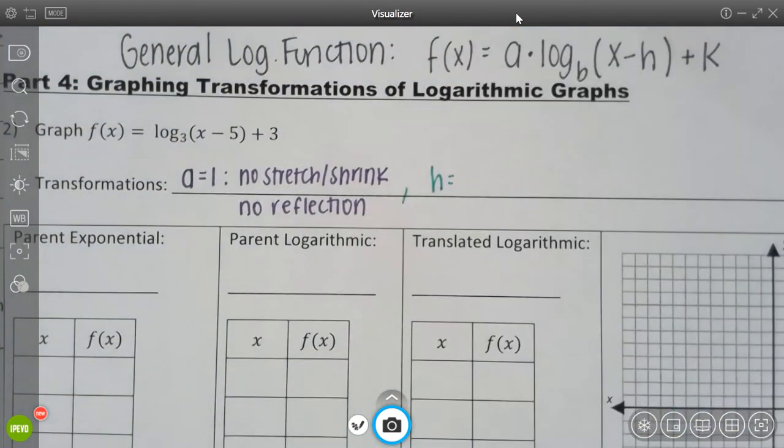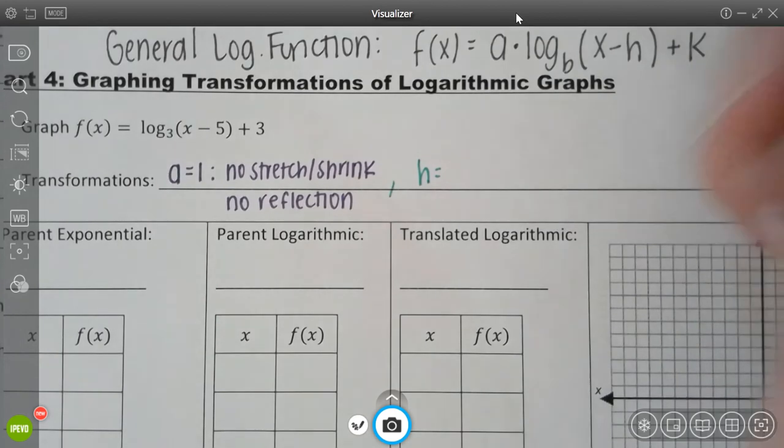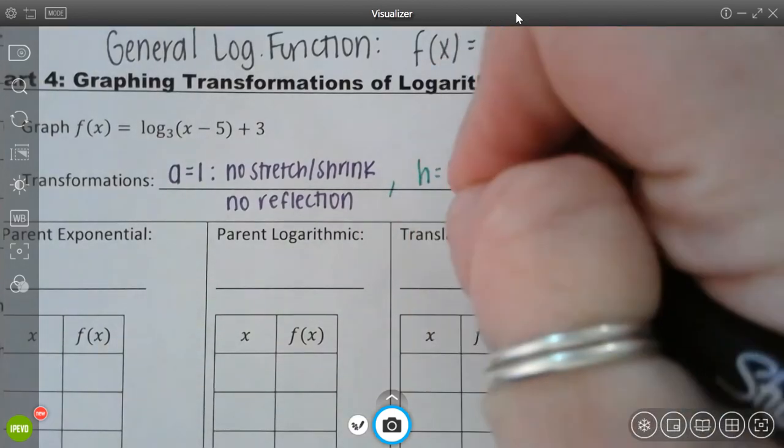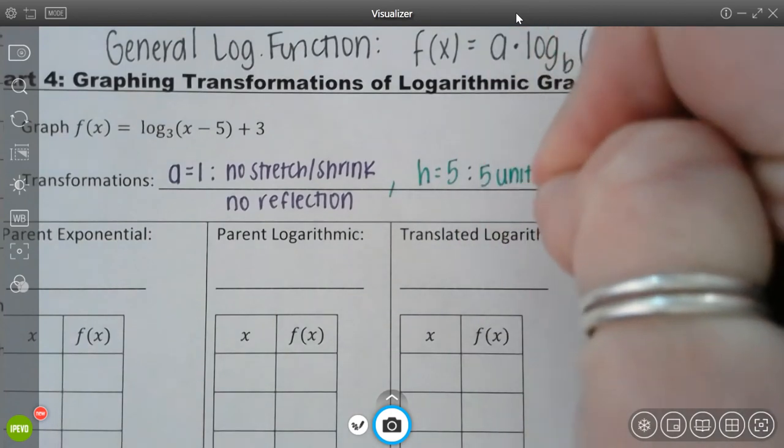What can we say about our H value here? And what does that do to our function? What's our transformation? Yep, H is 5. So we would say that that's 5 units to the right.